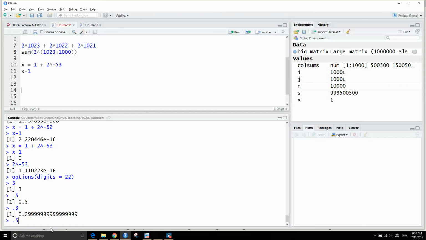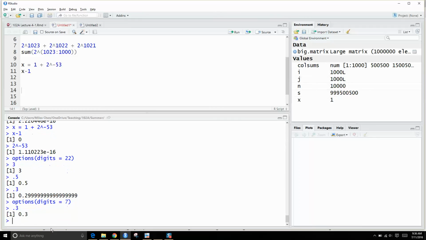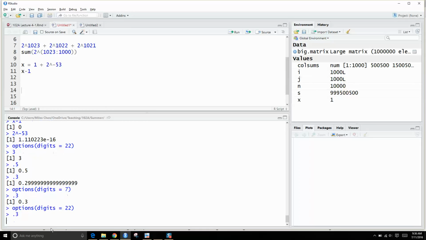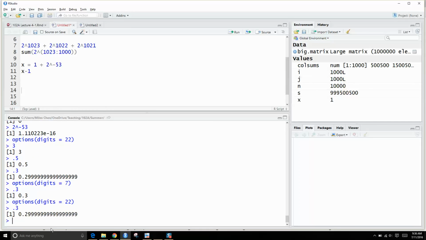Now if you set your options back to its default, which is digits is 7, 0.3 looks like 0.3. But if you set options digits equals to 22 and you ask for 0.3, you get something like this. And the reason for this is because the computer stores this in binary notation, okay?